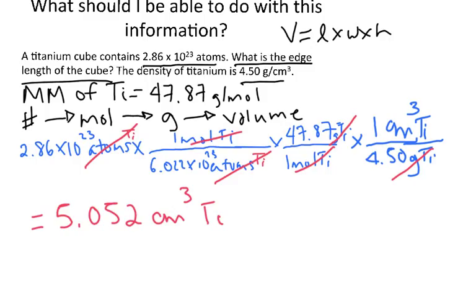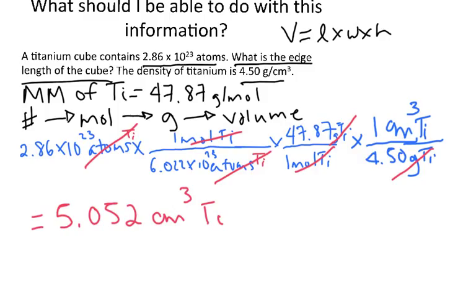So if volume is length times width times height, we want the dimension, we want the length of one edge of this cube. So we're going to take a cubic root of this number here in order to find that edge length.